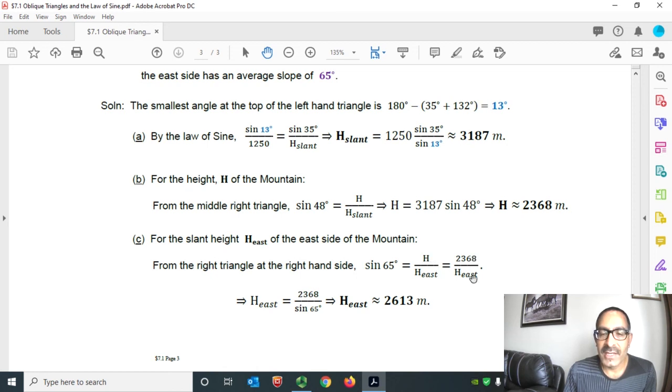Hence, by cross multiplying, h east equals 2368 over sine 65 degrees. Using a calculator, it turns out that h east is approximately 2613 meters. I hope this computation makes sense to you all.